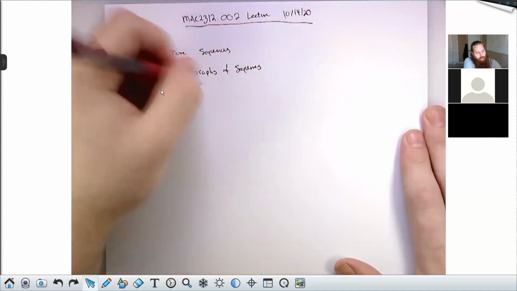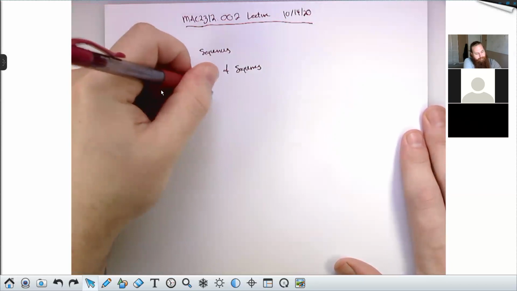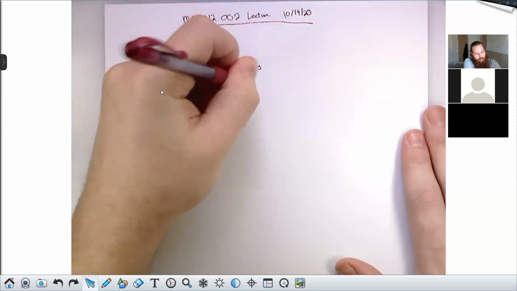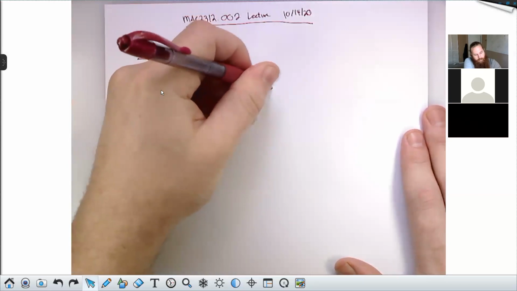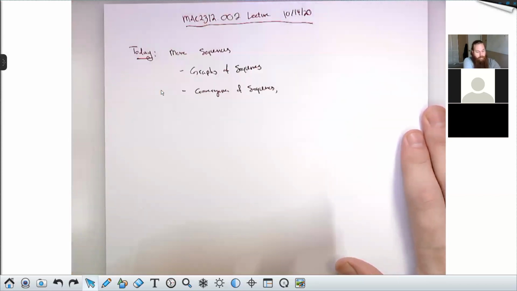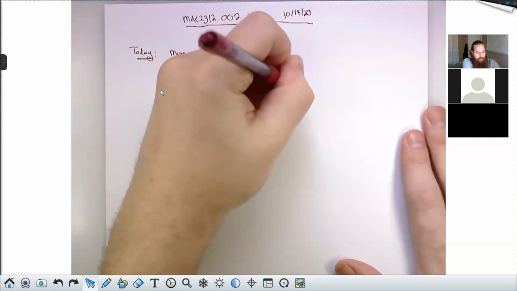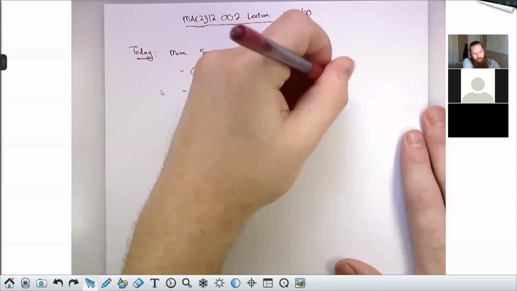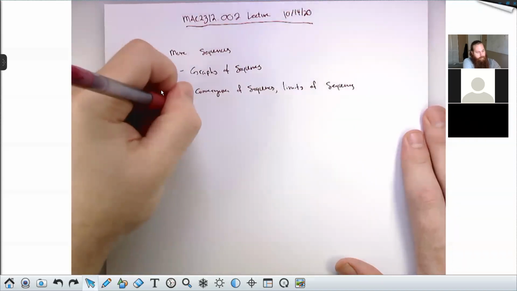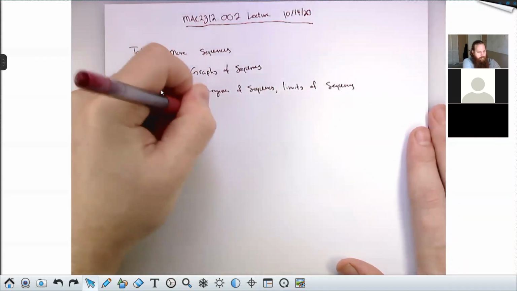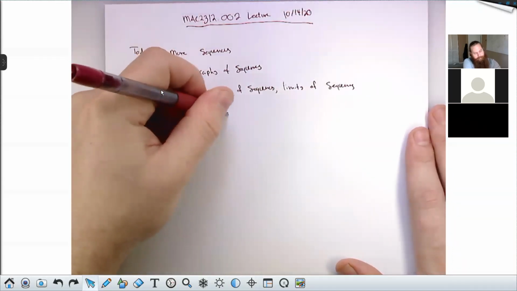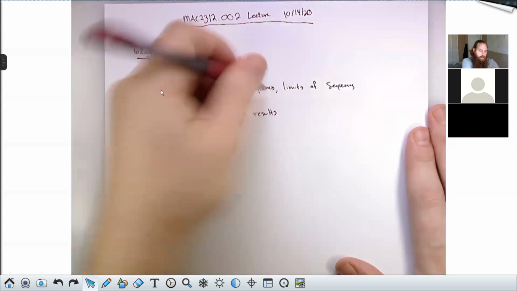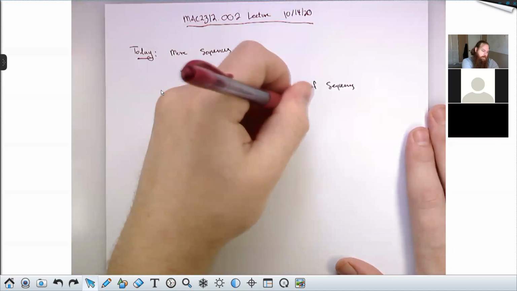We'll introduce the notion of convergence for sequences, which is intimately tied to the concept of a limit of sequences. And then we're going to start developing some theorems and other results about sequences.